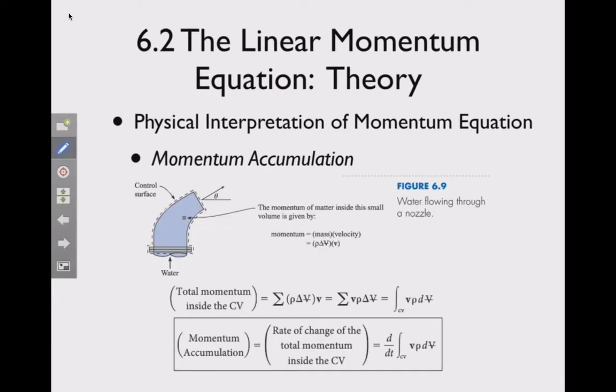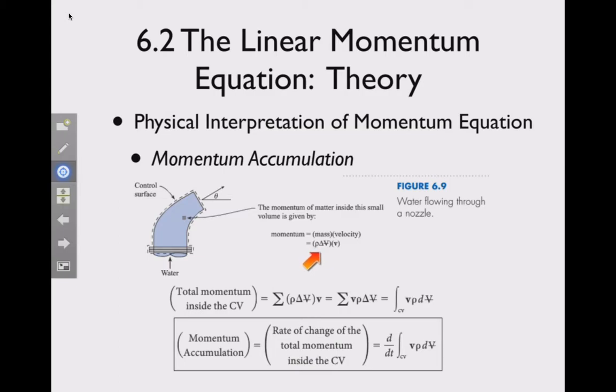So here it is. If we're considering a fluid, a small piece of volume inside our control volume, and our control volume is given by whatever's contained within this control surface, then that momentum is just going to be mass times velocity.